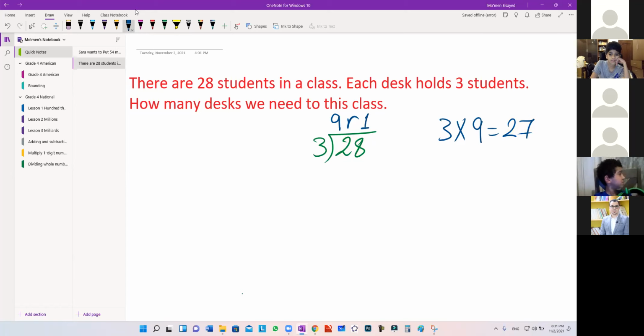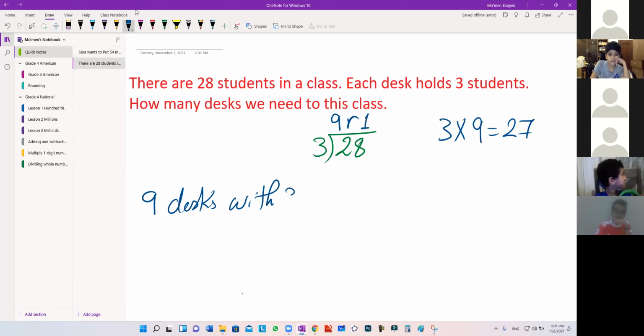Now, we have here 9 desks with 3 students each, right? Yeah. But we have 1 more student left over, so he needs to sit on a desk.